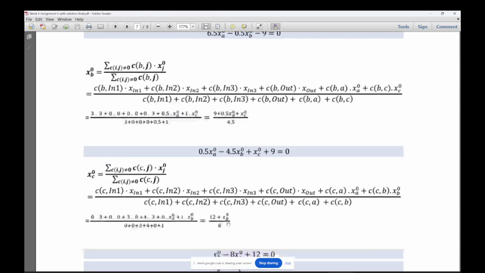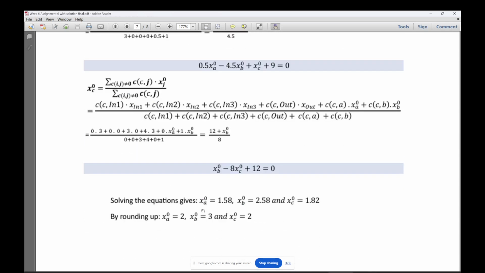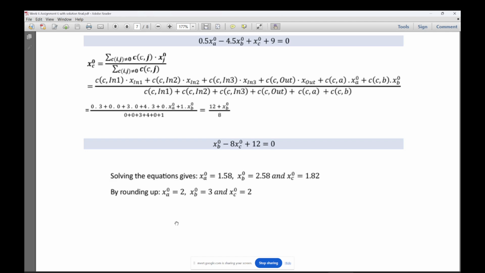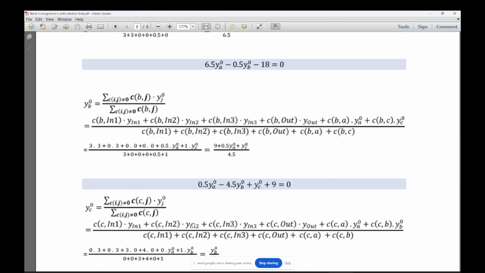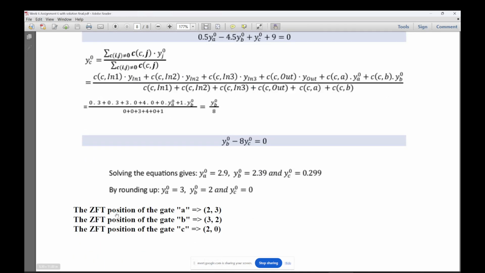Then you can find the solution of XA, XB, and XC, and then you take the rounding up to find the solution. Similarly, YA, YB, and YC. Then this is the J, and then finally you get the Z-force target position of gate A, B, and C.